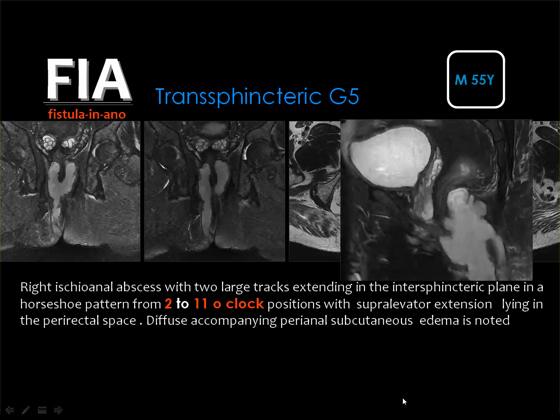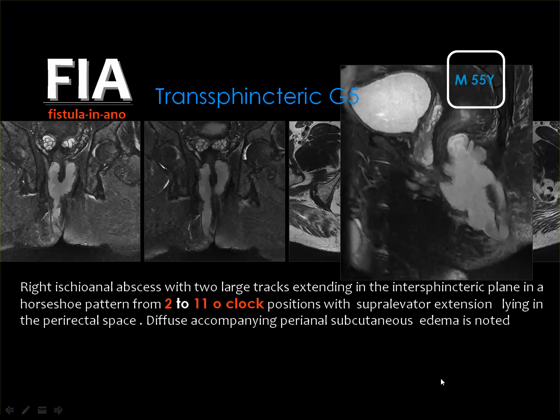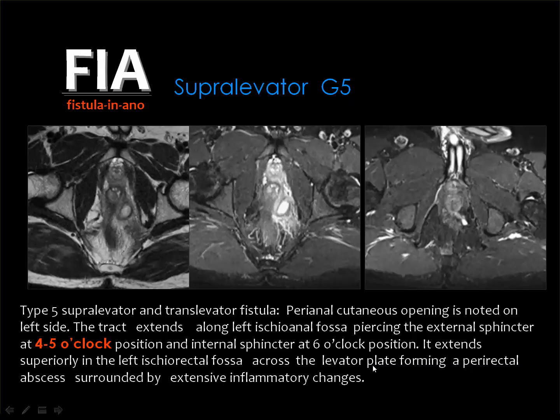Then, what is the relation of this fistula to the levator? And you go to the sagittal image, and you can see that this is the site of the levator ani that has been crossed by this abscess, meaning that it is a transsphincteric fistula grade 5.